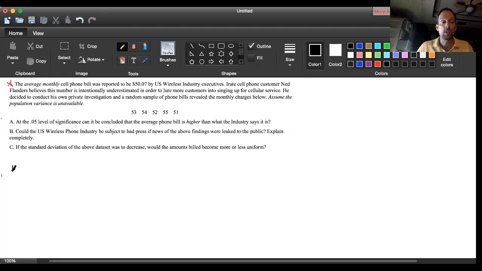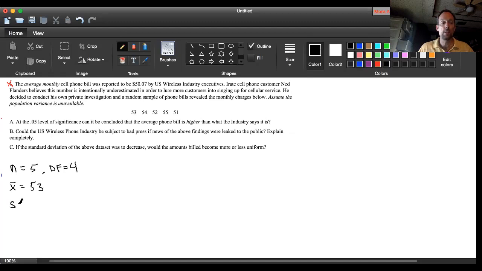We know the sample size is equal to 5. And since we're using the t-distribution, probably a good idea to write down that our degrees of freedom is going to be equal to 4, because we'll need that when we read our t-chart.